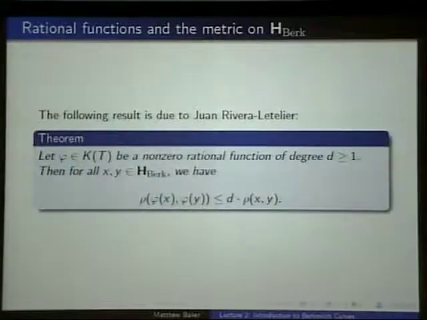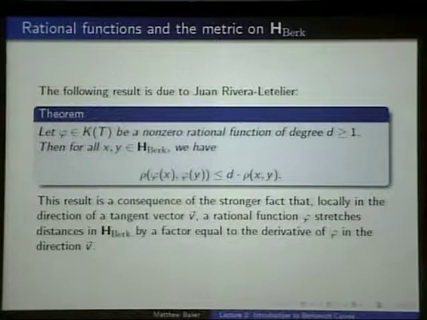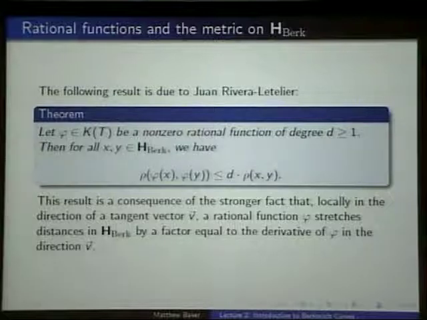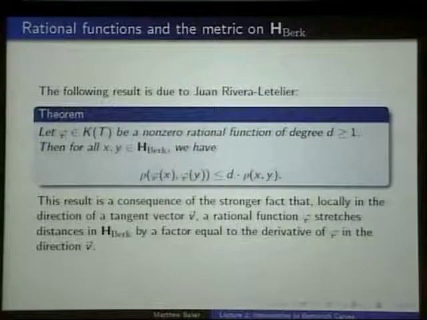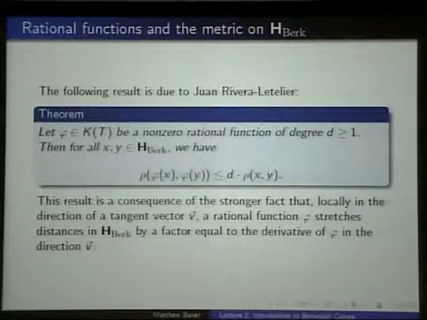So if phi is a non-constant rational function of degree d, then for all points x and y in hyperbolic space, the distance from phi of x to phi of y is at most d times the distance from x to y. I'm not going to give a proof, but it's proved by proving something stronger, which is really just a local analytic fact: if you look in the direction of some tangent vector v, then when you apply the rational function, it stretches distances by a factor equal to the directional derivative of the map in that direction.